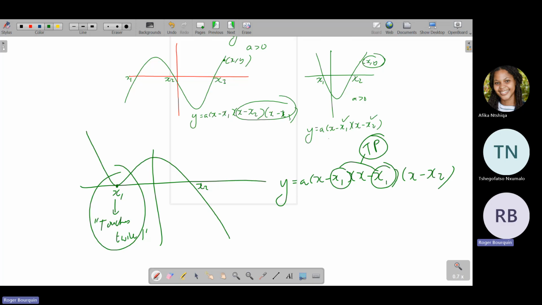And then you're going to have to times it out. So the one where it repeats touches at 2 points. Yes, you could write it like this: y is equal to a, (x minus x1) squared, (x minus x2).